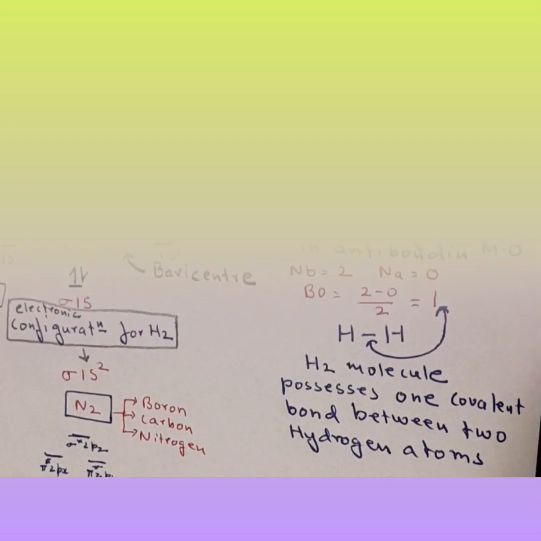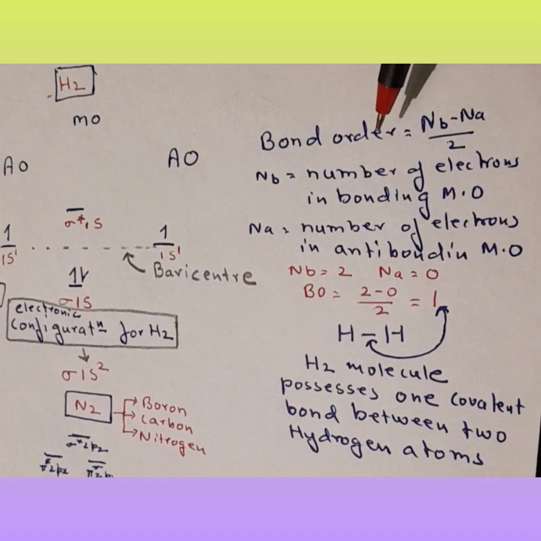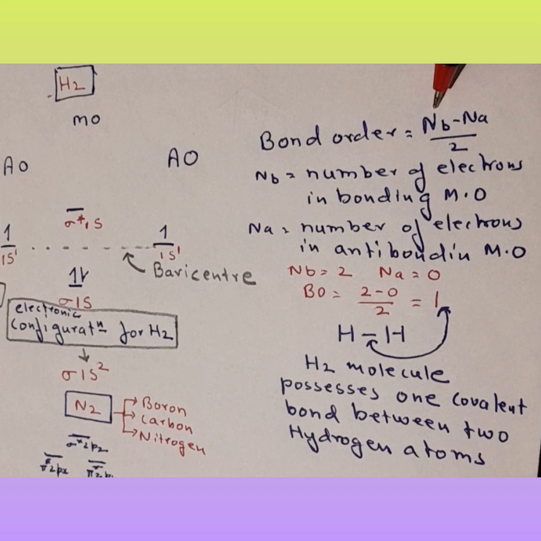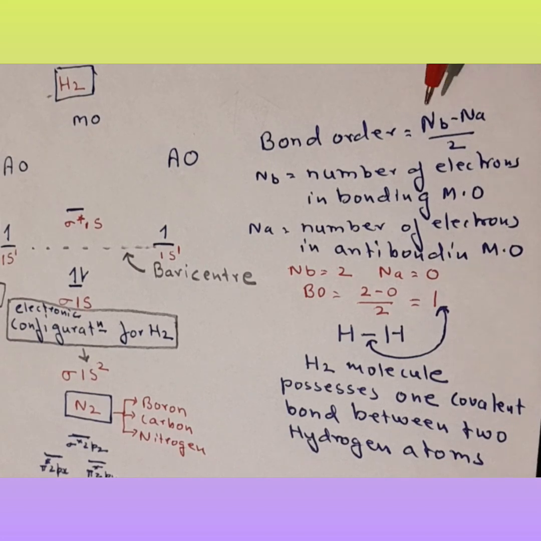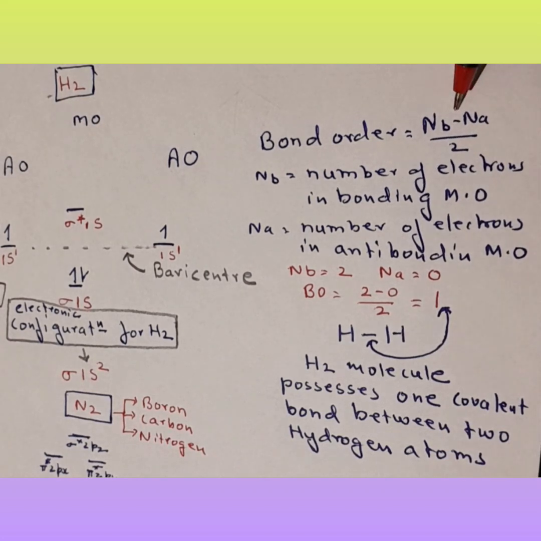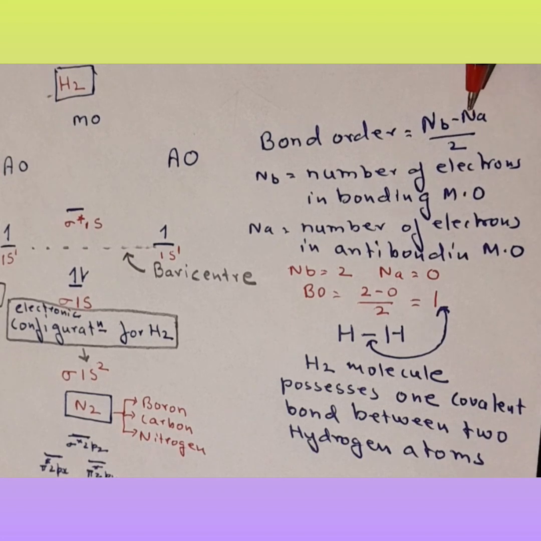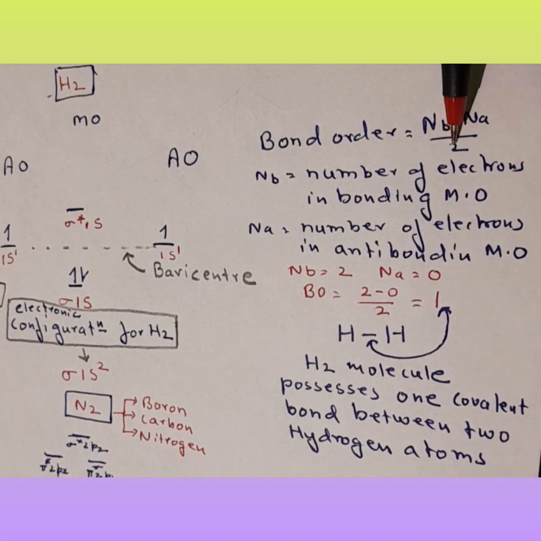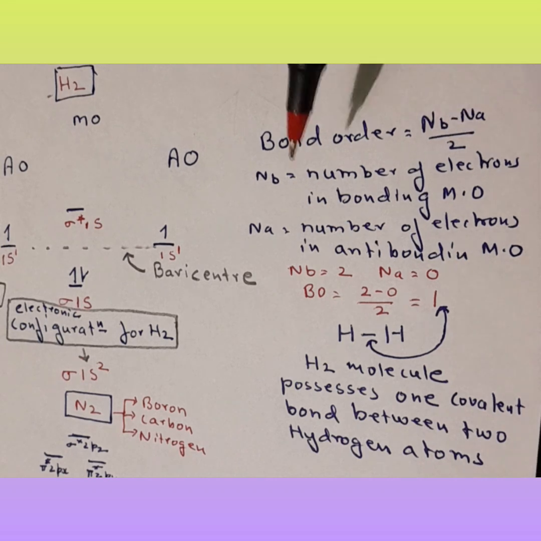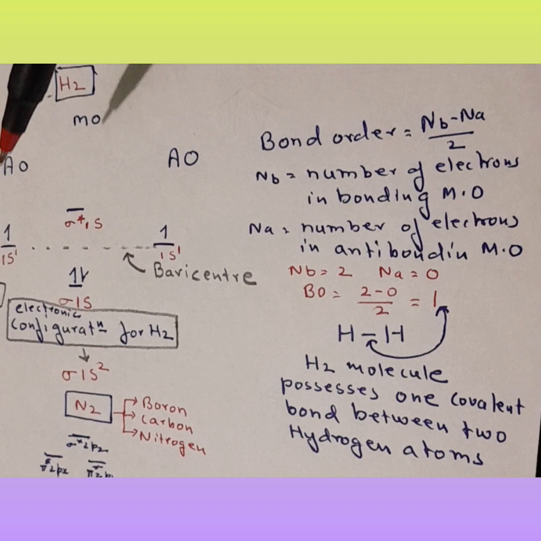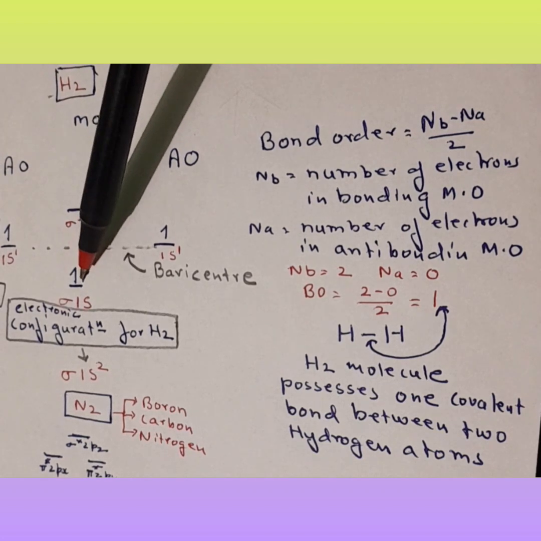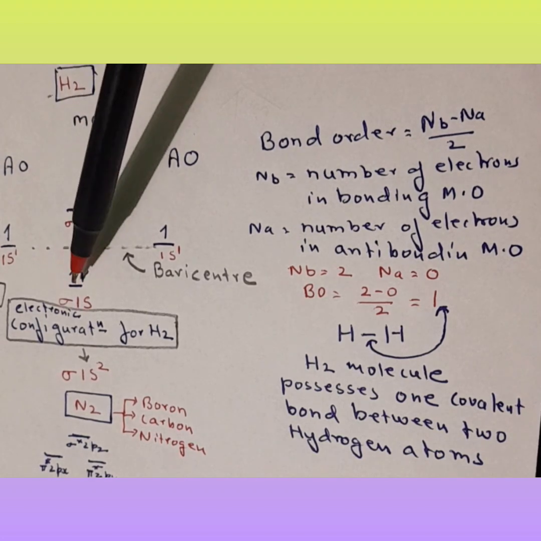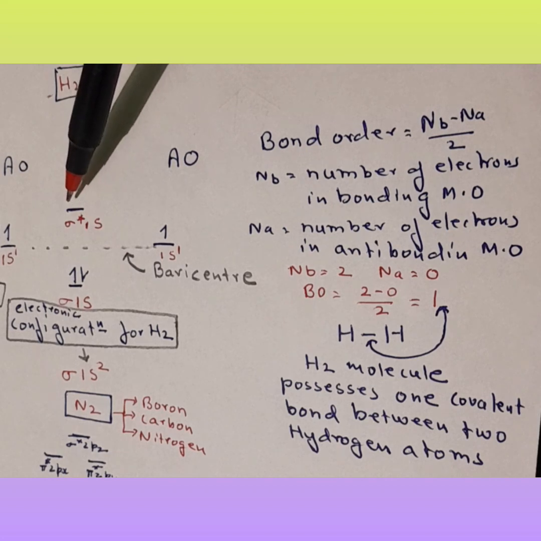Let's try and understand bond order. The formula for bond order is the number of electrons present in bonding orbitals minus the number of electrons present in antibonding orbitals, divided by 2. Now, in the molecular orbitals of hydrogen, we know there are 2 electrons in the bonding orbital, whereas nil electrons in the antibonding orbital.